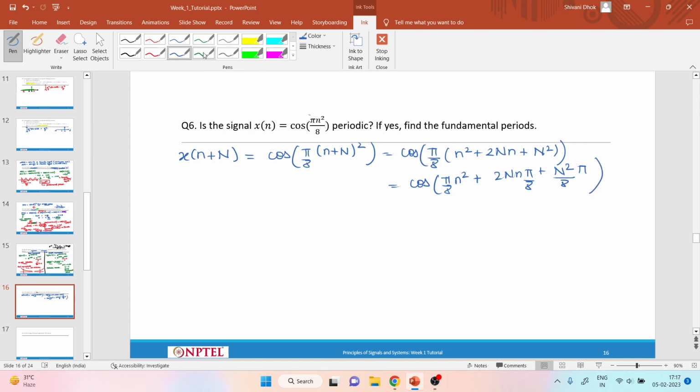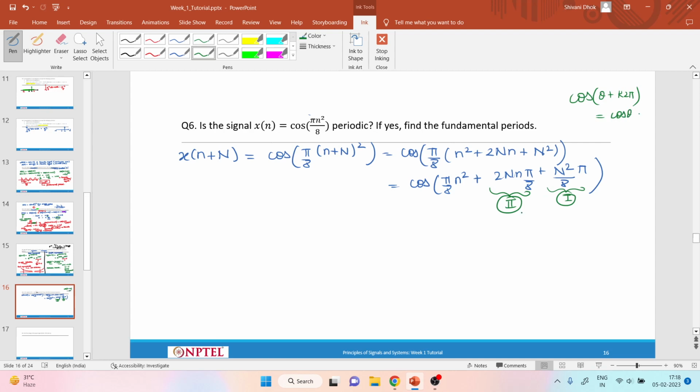So now here we are having two factors that will affect the periodicity. This is the first factor and this is the second factor. Now we know that cos of theta plus k times 2 pi will give me cos of theta.